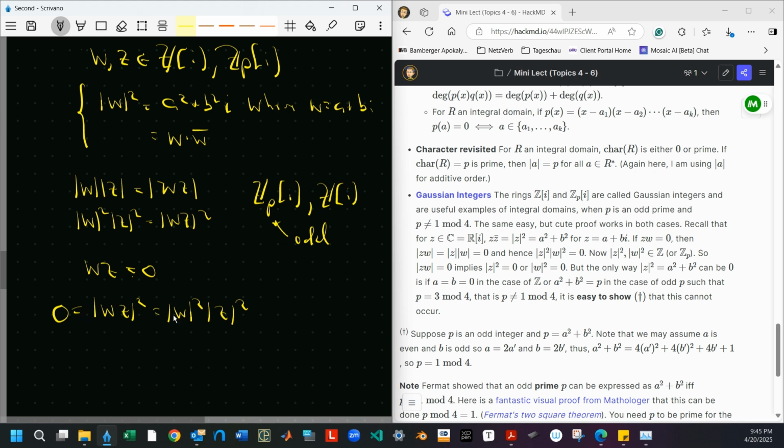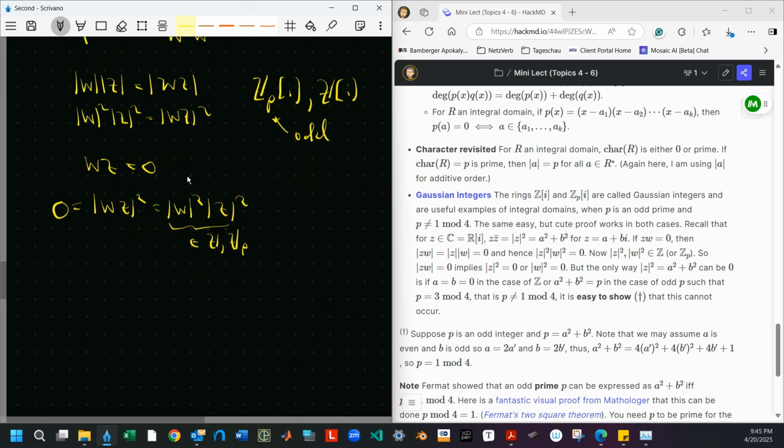So what do we get here? Now these things are just in Z or Zp, depending on which of the two cases we're in. So that tells me that |w|^2 is equal to 0, or |z|^2 is equal to 0. Well, let's suppose we're in the case where |w|^2 is equal to 0.